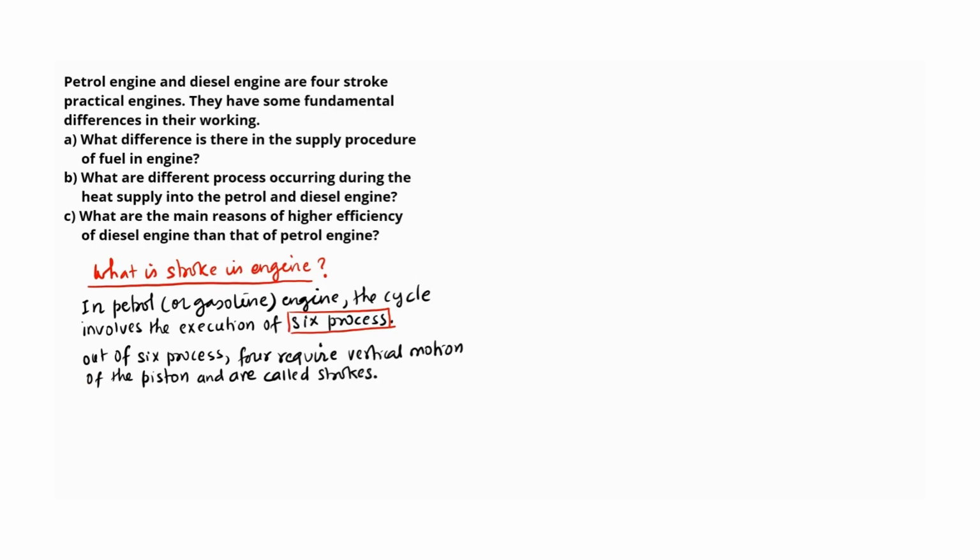So we have this. There are 6 processes and out of 6, 4 require the vertical motion of piston and are called strokes.